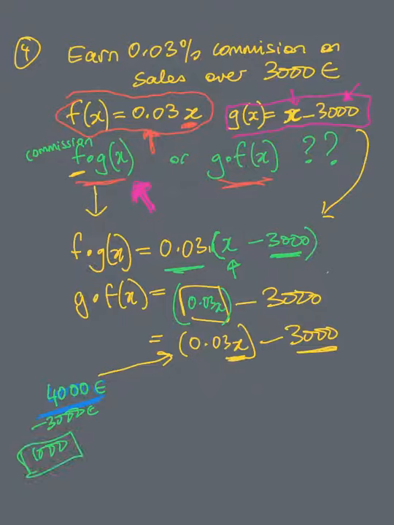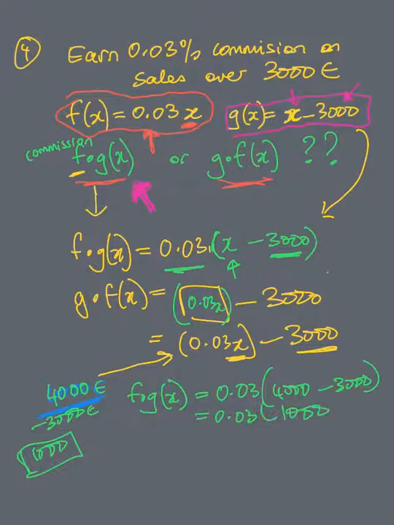So in the first one, let's see how much that would be. 0.03 times 4,000 subtract the 3,000. So that's 0.03 times 1,000, which gives you a commission of 30 euros.